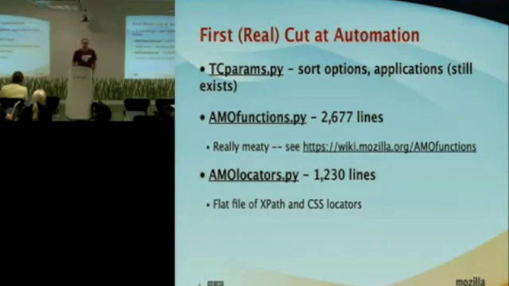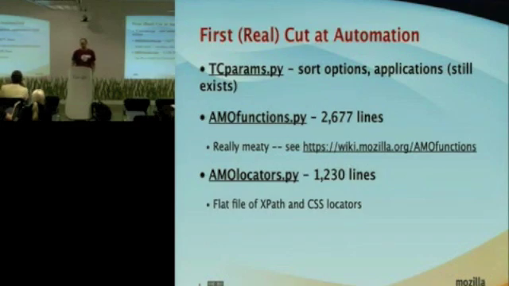So this essentially has all of the functions that you can do on the add-ons website for every application: Seabird, SeaMonkey, Thunderbird, Firefox, and all the other applications as well. So really, really big, encompasses everything. You had to import it into every test case. It's really a bear.